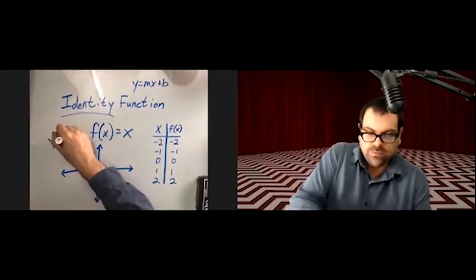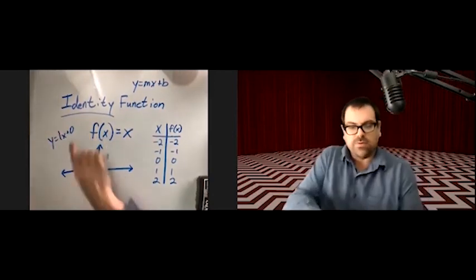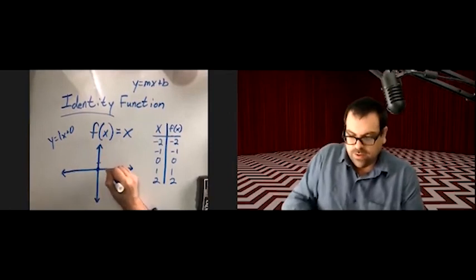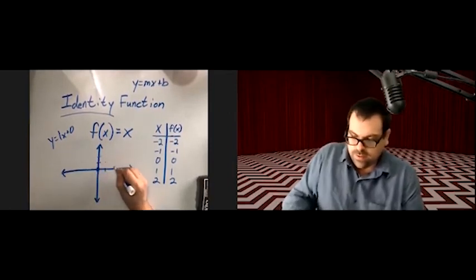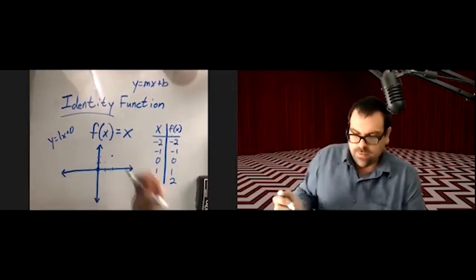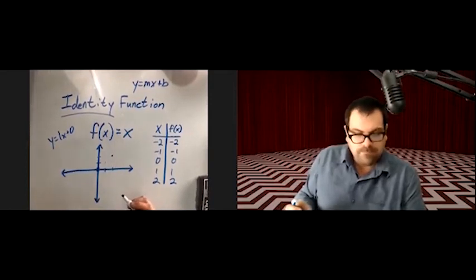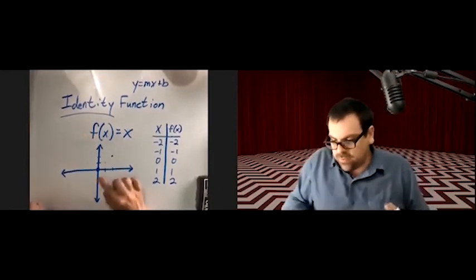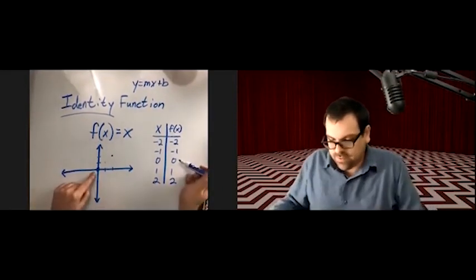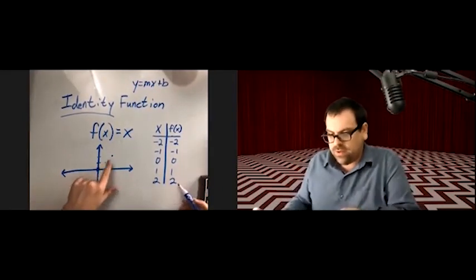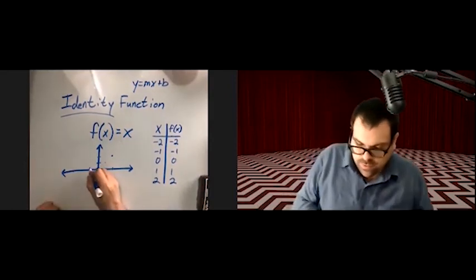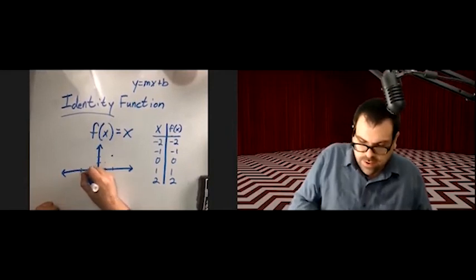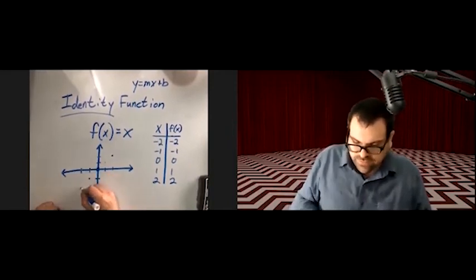Y equals 1x plus 0, y-intercept of 0, and a slope of 1. This is the same thing we would get if we were just plotting the points. 0, 0, 1, 1, 2, 2, negative 1, negative 1, negative 2, negative 2.